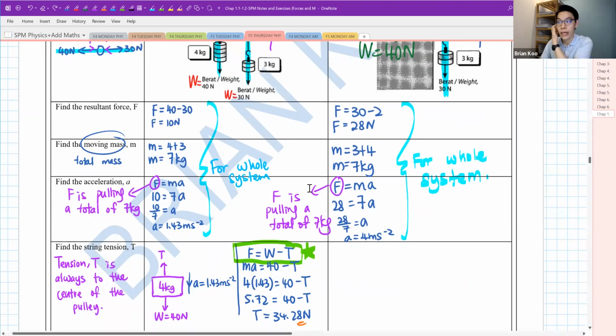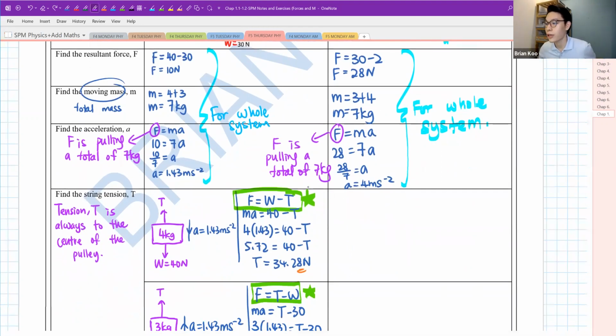So let's look at the 3 kg first. Let's draw the free body diagram again. Very simple diagram. You have tension going up, and then you have the weight of this one.